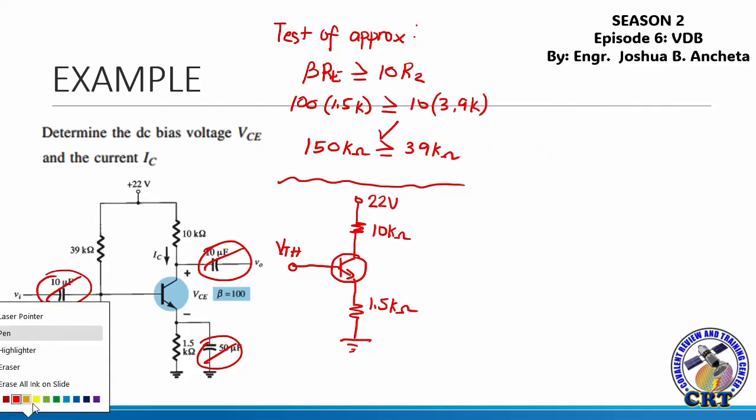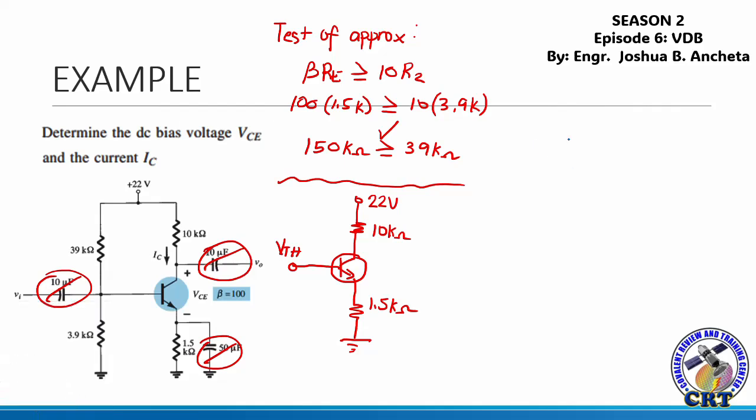Let us now solve the required parameters. We will start with the calculation of VTH. This is 22 volts times R2, 3.9 kilo ohms, all over R1, 39 kilo ohms, plus R2, 3.9 kilo ohms.